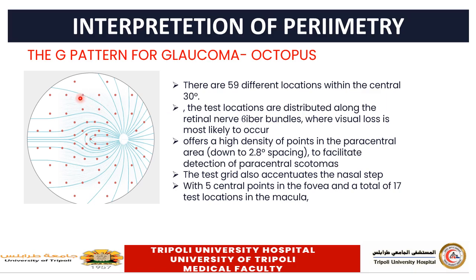But these locations are distributed according to the distribution of the nerve fibers, and also concentrated or accentuated in the nasal step. So it is very helpful and useful in detection of glaucoma. The points are distributed according to the distribution of the nerve fibers and reach up to the central point, up to 2.8 degrees of spacing. So it is very useful in early detection of glaucoma.